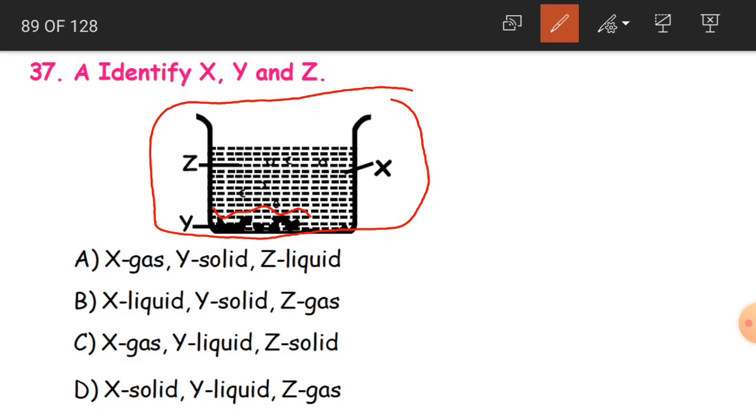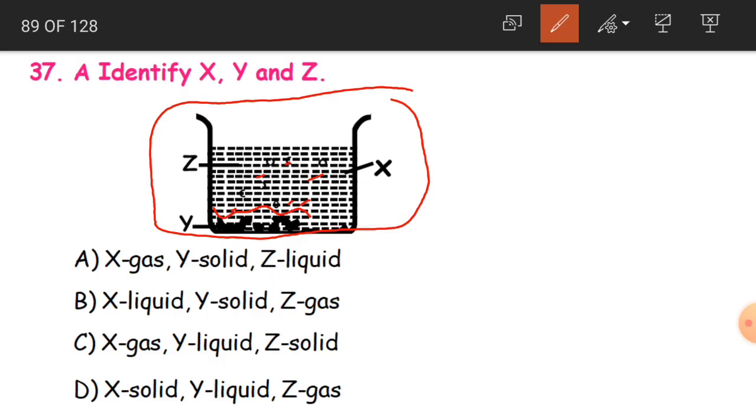And in between you can see some small air bubbles. These air bubbles are Z, X is the water, and Y is the substances which have not dissolved.